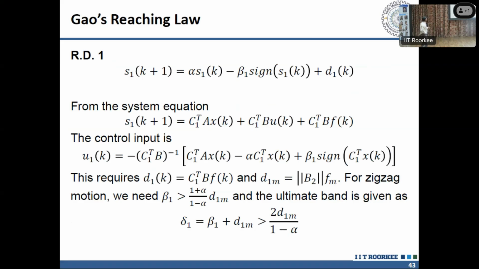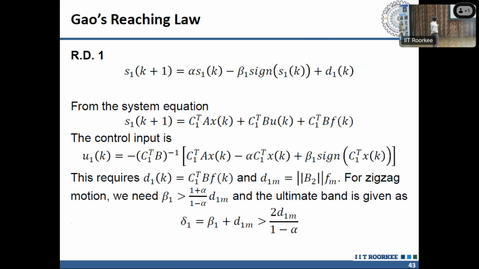If you write it in this way, the relationships between the parameters are like this to ensure crossing and recrossing. This is the relationship, and the delta, the ultimate band, gets calculated in this way. We will use this formulation of the ultimate band in order to compare with the ultimate band found with the RD1 case and the RD2.